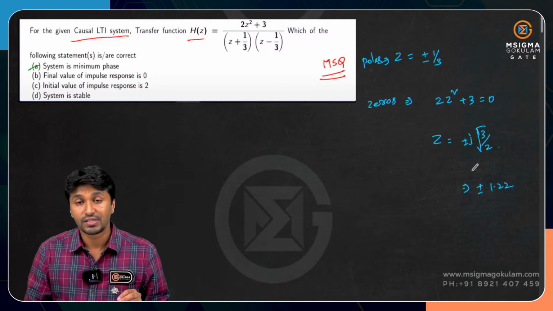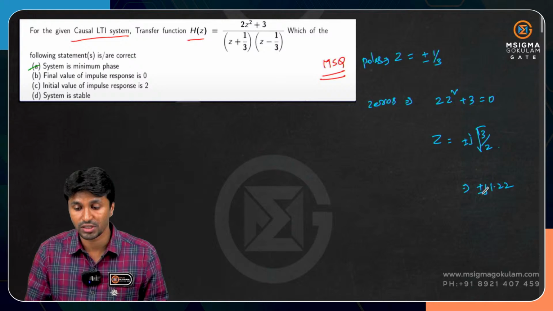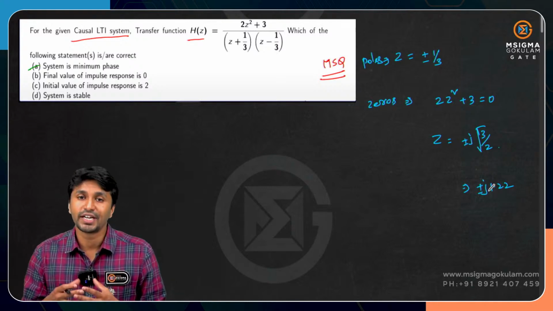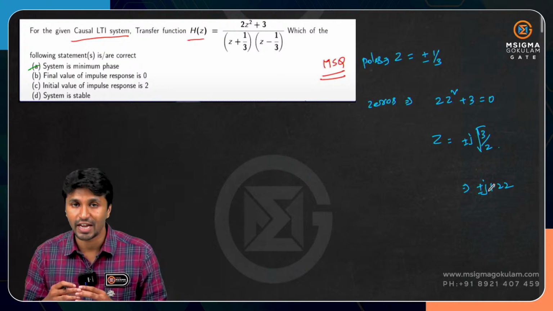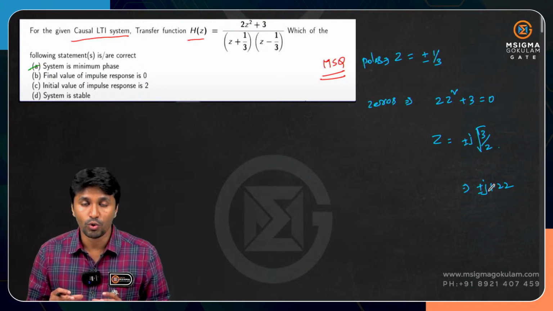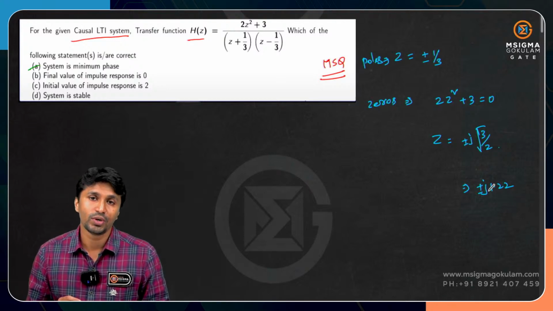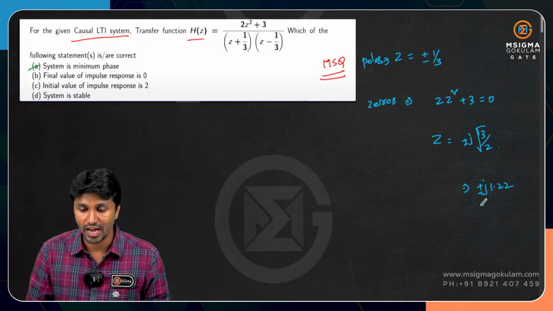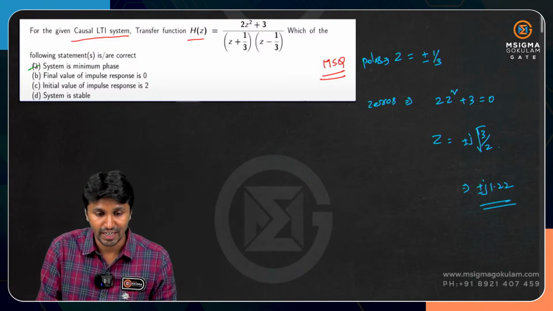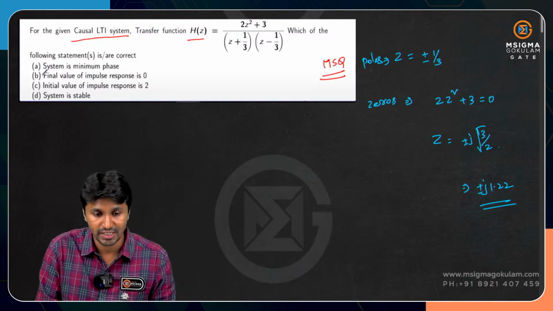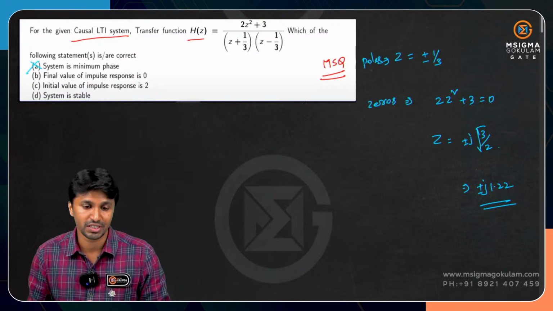So the two zeros are outside the unit circle. For a system to be minimum phase, both zeros and poles should be within the unit circle. Therefore the first option is incorrect.